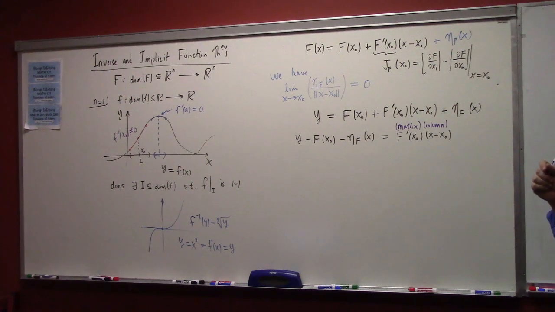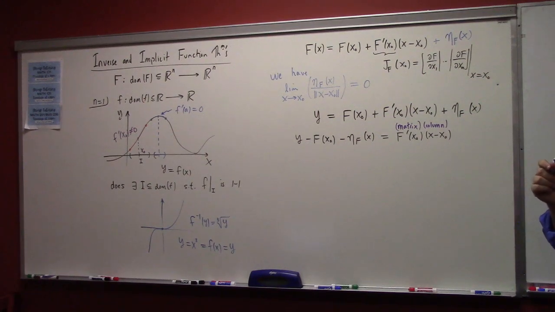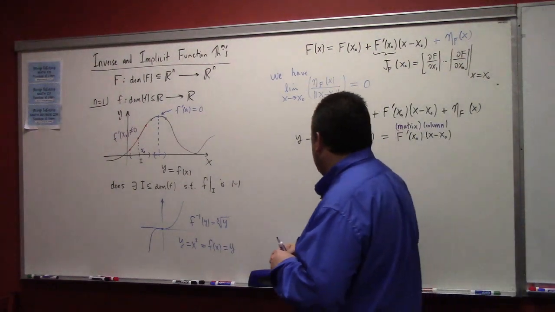A continuous function can't jump from being non-zero to being 0 in an infinitesimal interval. It takes some space for it to happen.